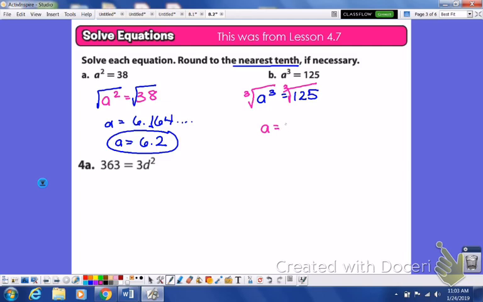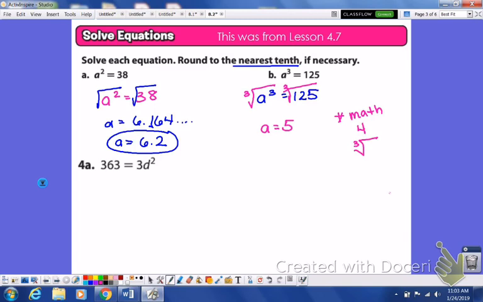Well, if you know off the top of your head, 5 times 5 is 25, 25 times 5 is 125, so the answer is 5. If you did not know that, put a little star here. On your calculator, you would hit math, and then the fourth one down, so math, then 4, gives you your cube root. So the square root with the 3.